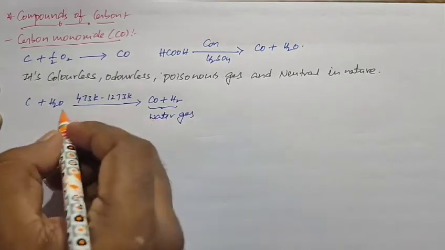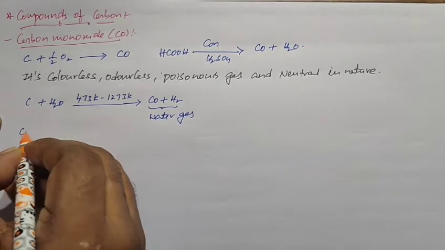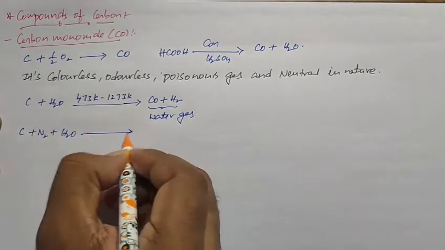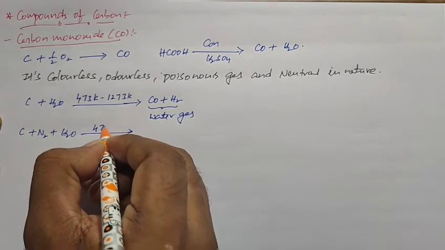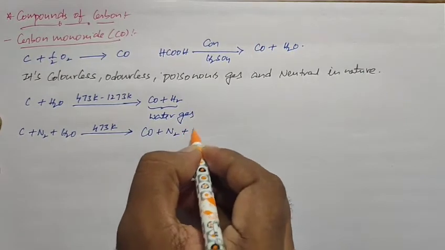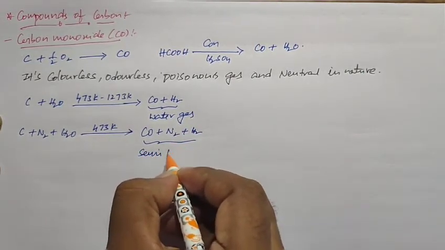And when coke, nitrogen and water are heated at 473 kelvins, it forms a mixture of carbon monoxide, nitrogen and hydrogen. This mixture we call semi-water gas.